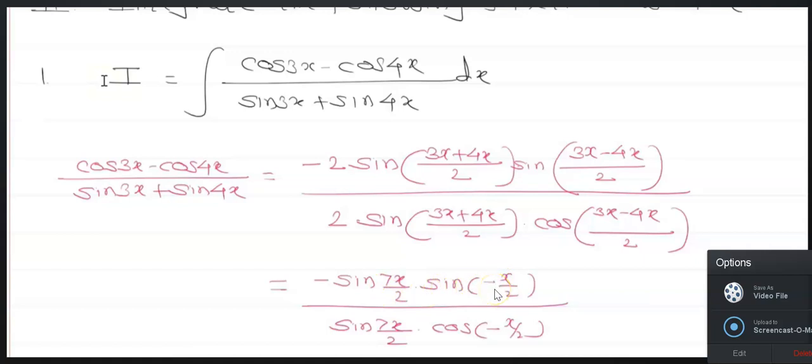And here is sin of minus theta. Sin of minus theta is minus sin theta, and this minus minus will become plus. In the denominator, 3x plus 4x is 7x upon 2, and cos of (3x minus 4x) upon 2 is minus x upon 2. Now see this here.